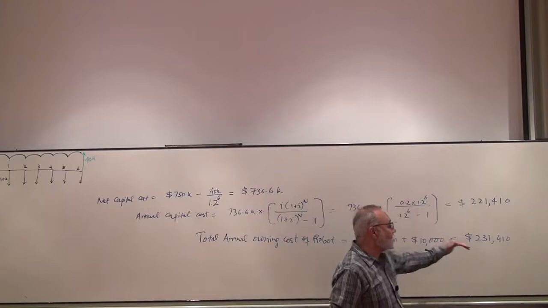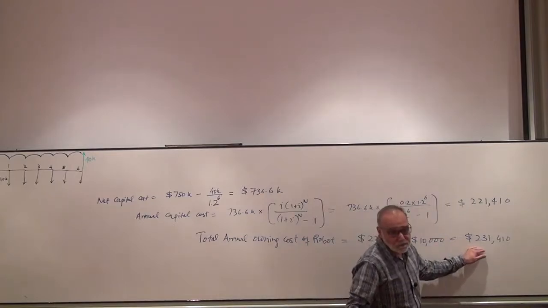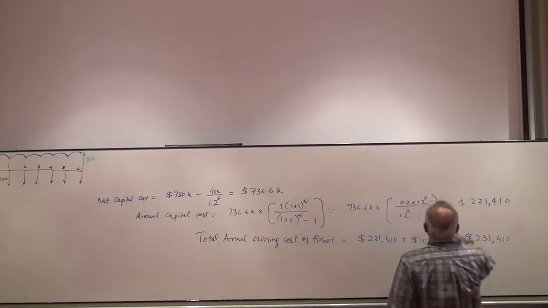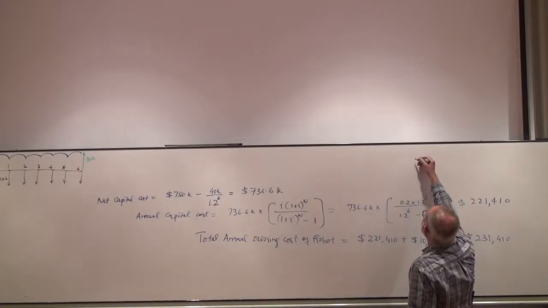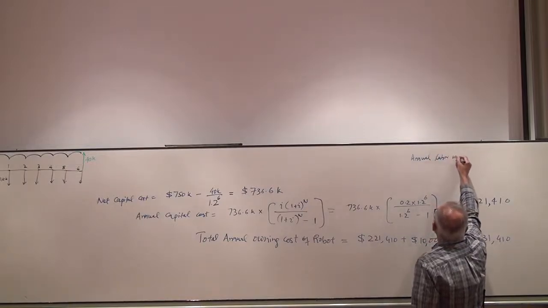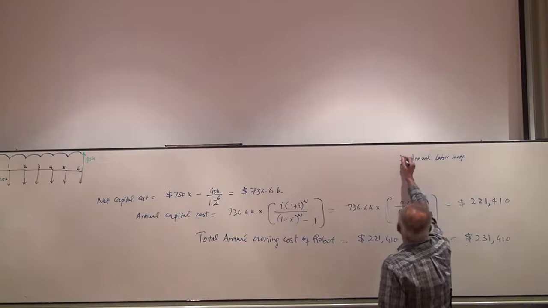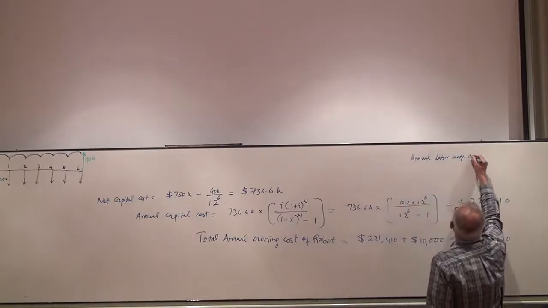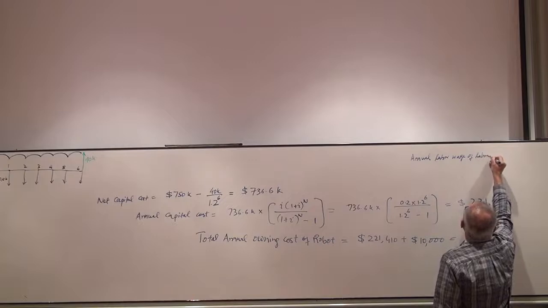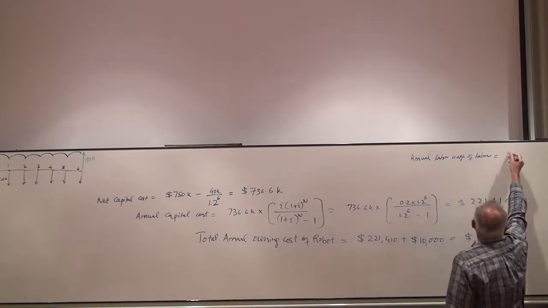So if the laborers are costing us more, let's say each laborer's annual wage is, let's say, $40,000.